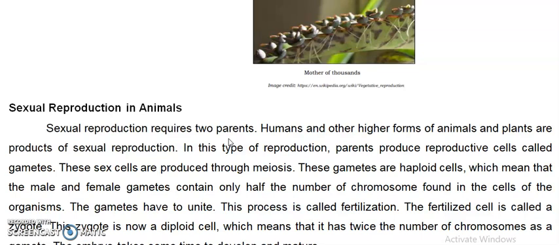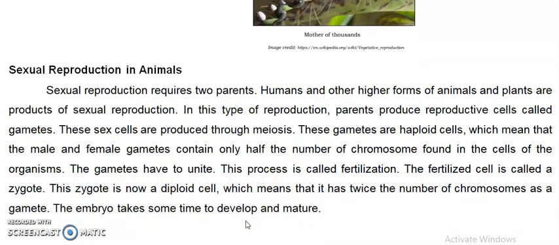Sex cells is a term that includes sperm and eggs. The sperm and egg cells produce a fertilized egg we call a zygote. Again, the fertilized cell is called a zygote.